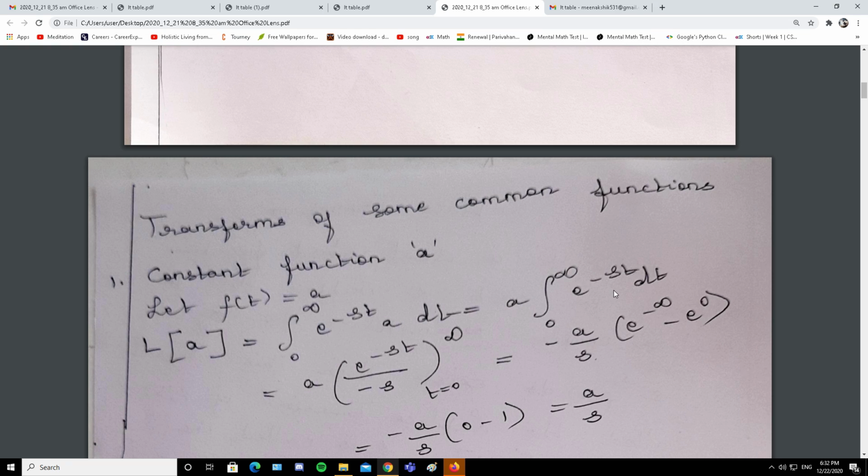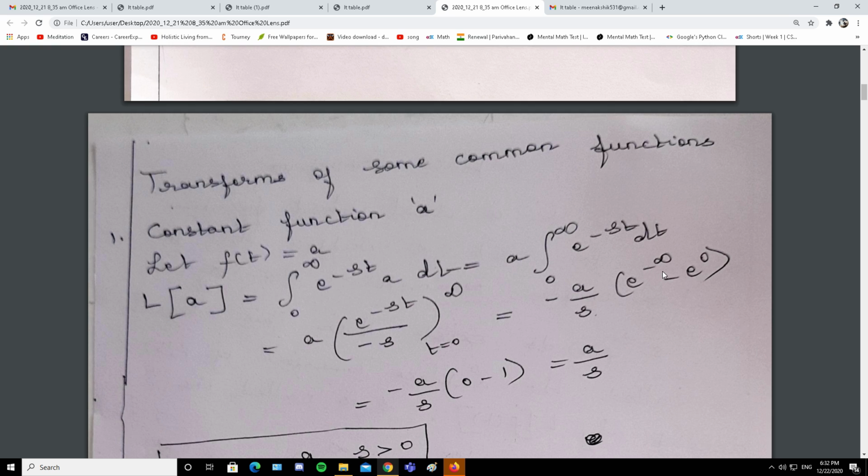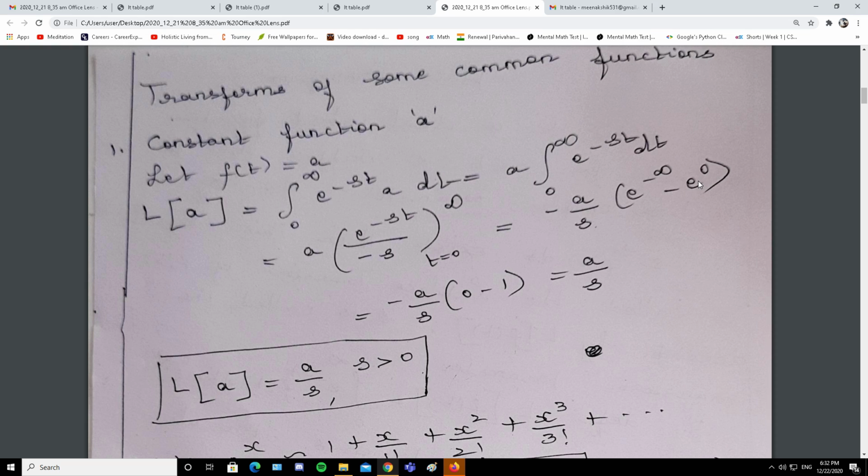So what is the integral of e power minus st? It is e power minus st by minus s, t varying from 0 to infinity. Take the constant out: minus a by s of, when t takes the upper limit, e power minus infinity, when t takes the lower limit, minus e power 0. So e power minus infinity is 0, e power 0 is 1.